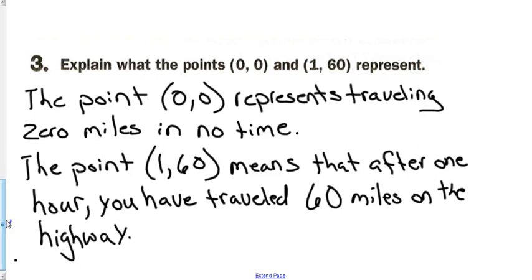That's what those points actually represent in a real life situation. And it's important to understand that.